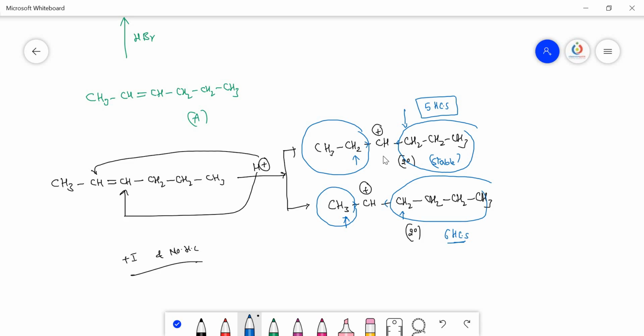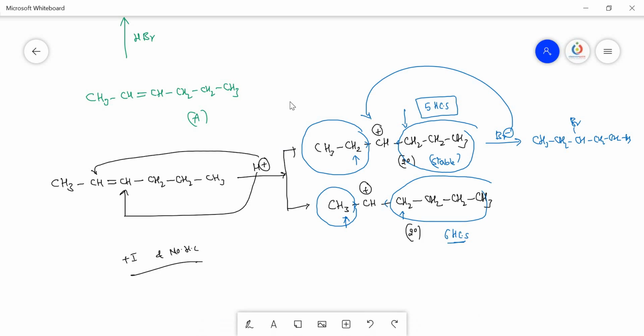They are nearly equal, but this particular carbocation is more stable, hence Br minus ion preferably attacks this carbocation, giving CH3, CH2, CH, Br, CH2, CH2 and CH3, or else you would get the secondary bromo.